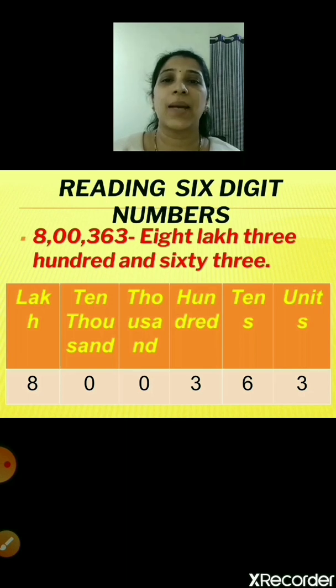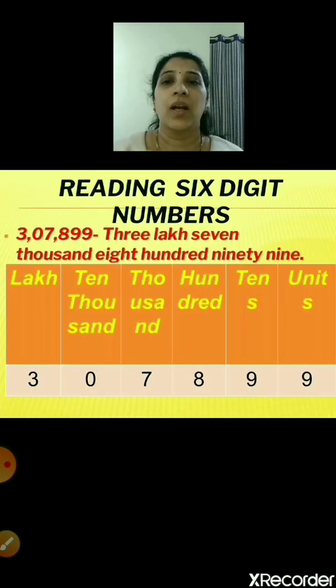So we'll read the number starting from the left, 8,00,363. So here you can see students, 10,000 and 1,000 is 0. So no 1,000 will come. So it will start from 8,00,363. Let's take one more example.